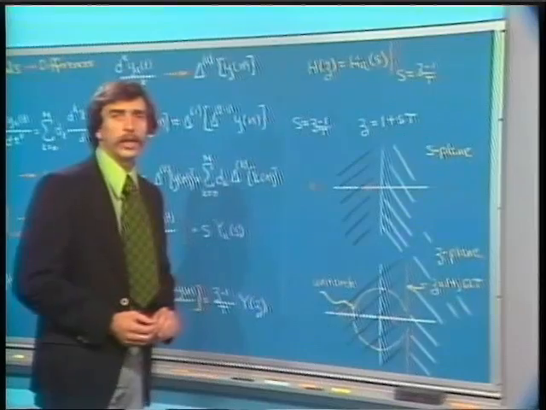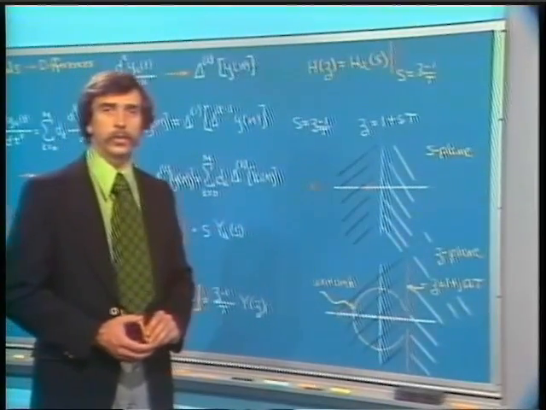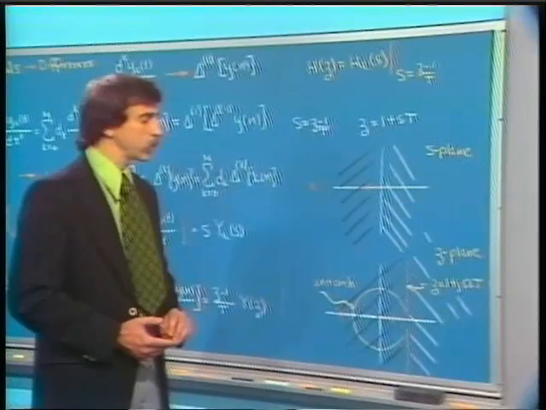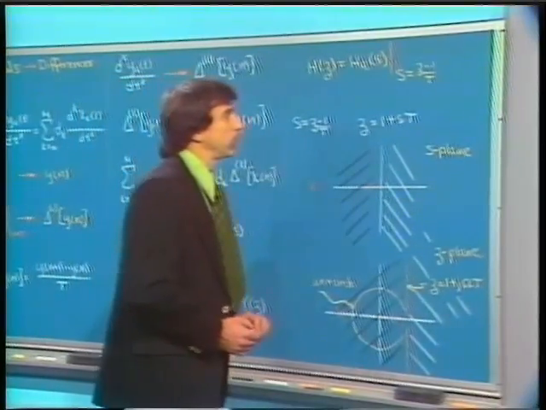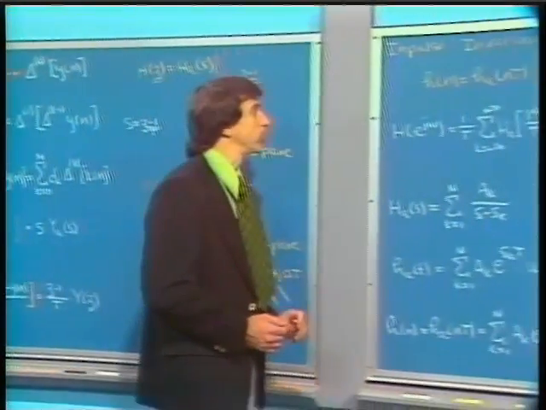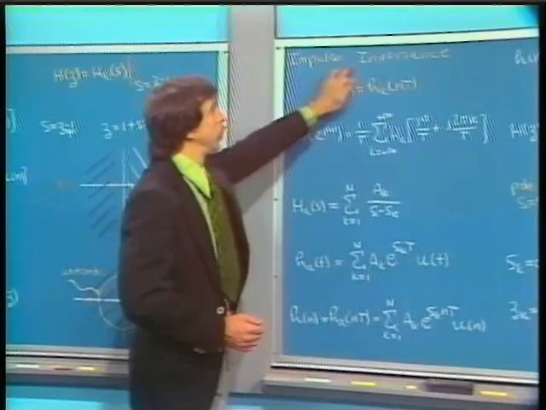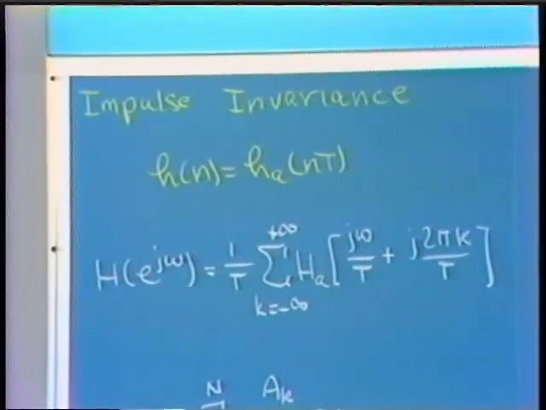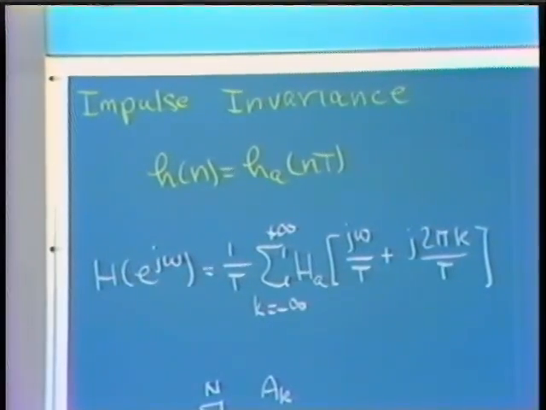Well, let's go on to a second method which is better in both of those respects, and this is a method that is commonly referred to as the method of impulse invariance. And again, it's a filter design method which intuitively is very reasonable.